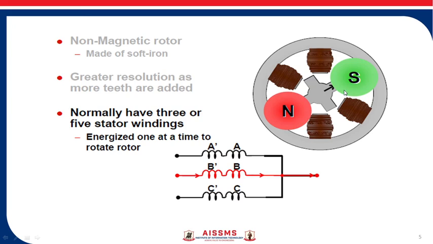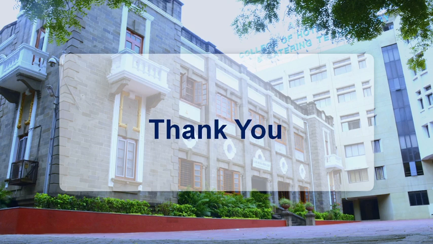B dash gets energized and forms the poles, and again the rotor adjusts itself to its minimum reluctance path. So the position of the rotor is this. The rotor gets shifted over here, and this shifting of the rotor is 30 degrees. So the total shifting over the 6 pole positions will be 60 degrees, sorry.